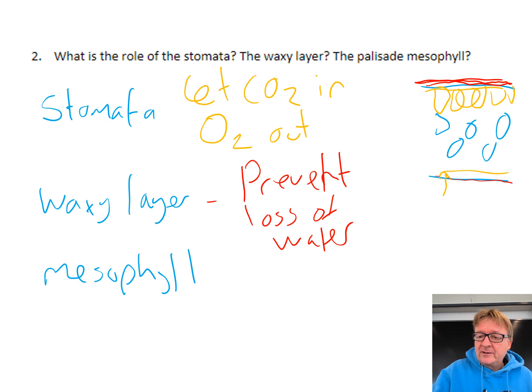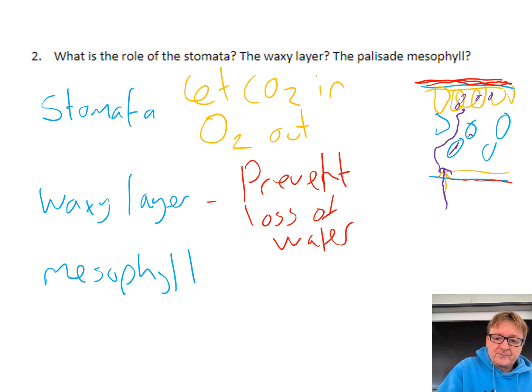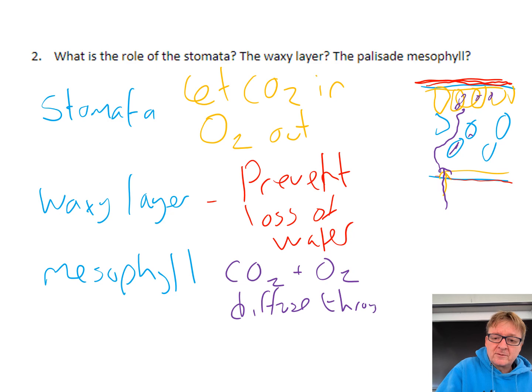The mesophyll is all these cells here, and carbon dioxide comes in and diffuses in between the gaps in the mesophyll to these cells that have most of the chloroplasts. So the mesophyll allows CO2 and oxygen to diffuse through the leaf.